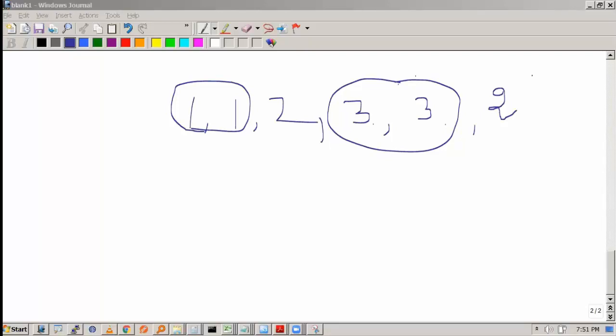Is it 1 mode? You can reply with all the modes you are thinking. If I say 1, 2, 3 are all modes, yes or no?